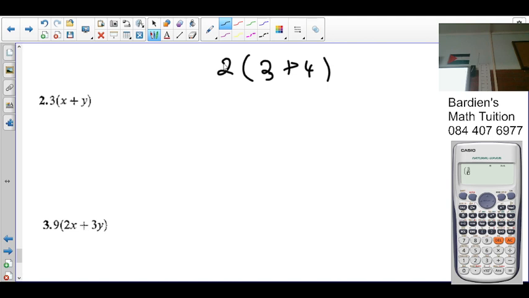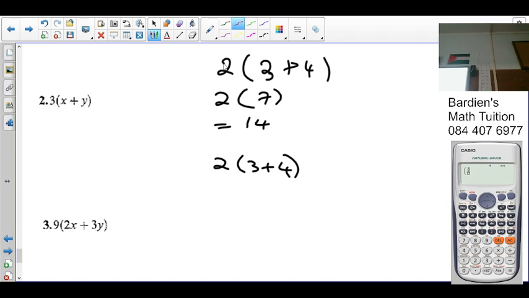Is there addition, 3 plus 4? What's the answer? 2 times 7, which is 14. Okay. Now, if you're looking at 2 into 3 plus 4, let's try something different.